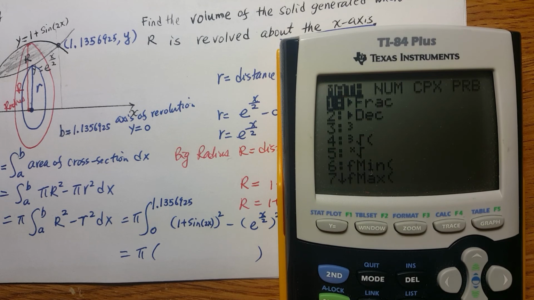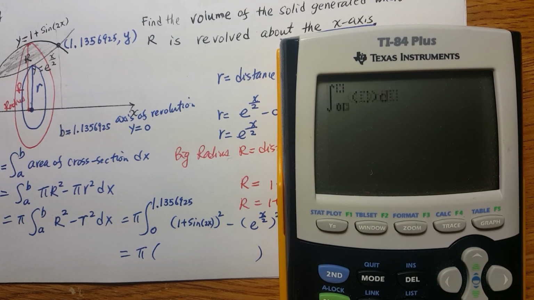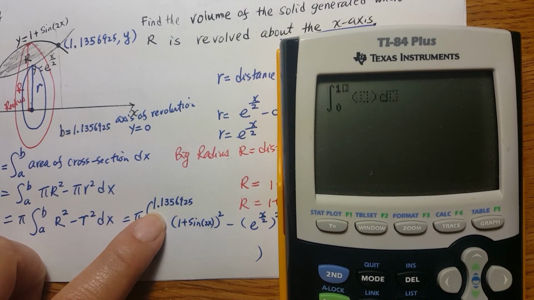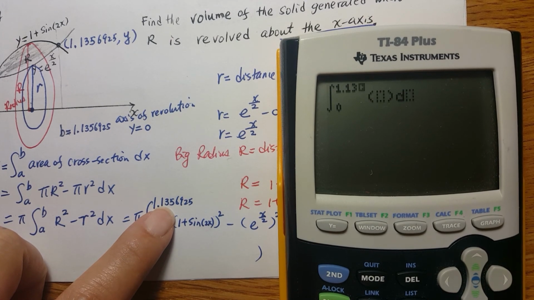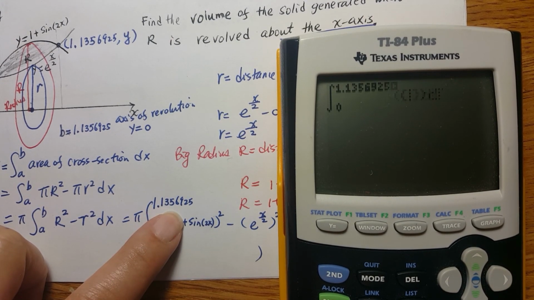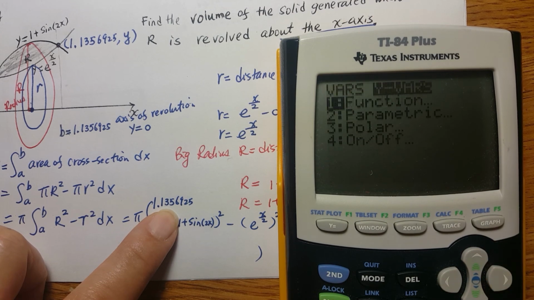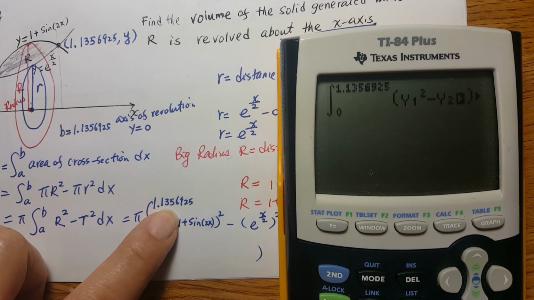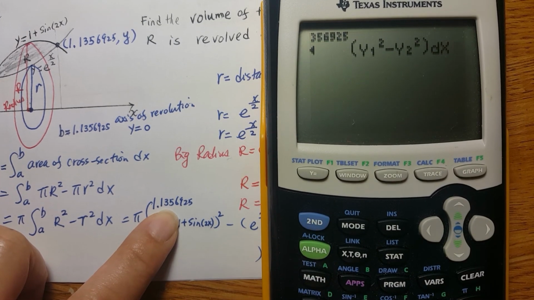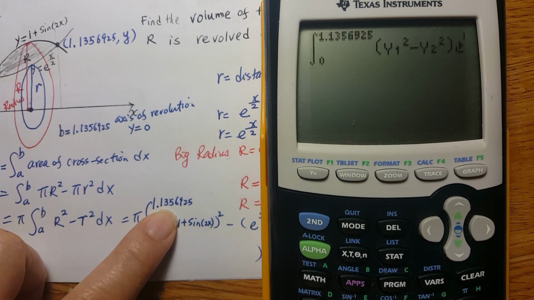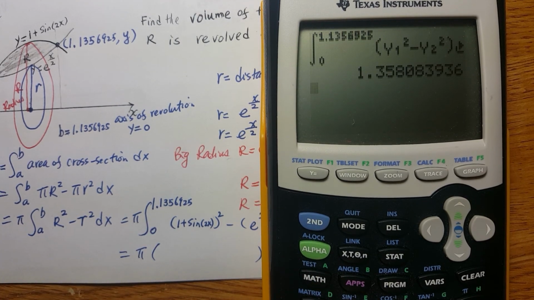Okay, so math 9, 0, 2, and then we have y1 squared minus y2 squared dx. And then enter.